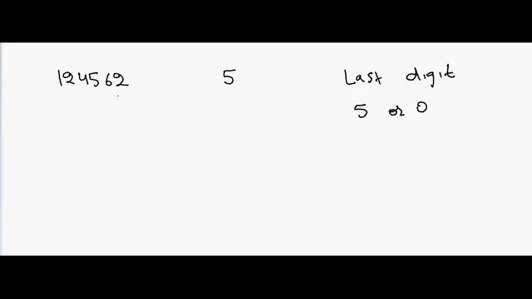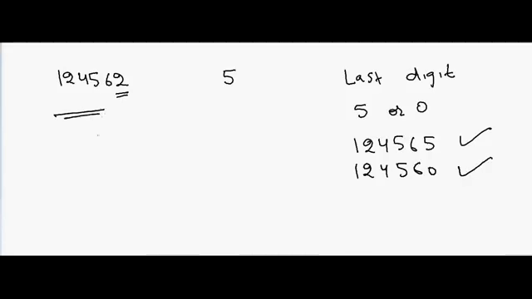In this case it's not, so it is not divisible by 5. If I had 1, 2, 4, 5, 6, 5, or 1, 2, 4, 5, 6, 0, then it would be, but not in this case. So we know this now.